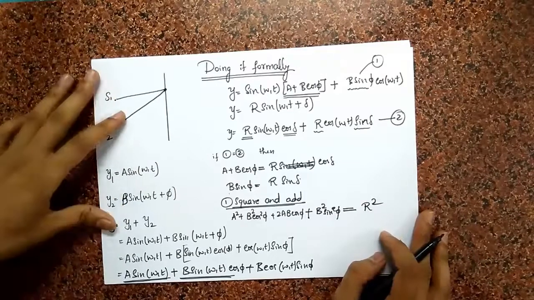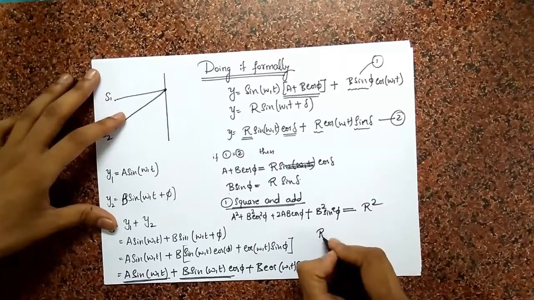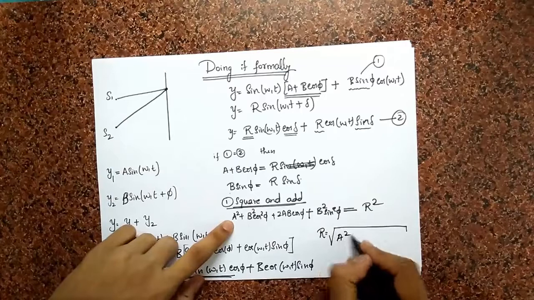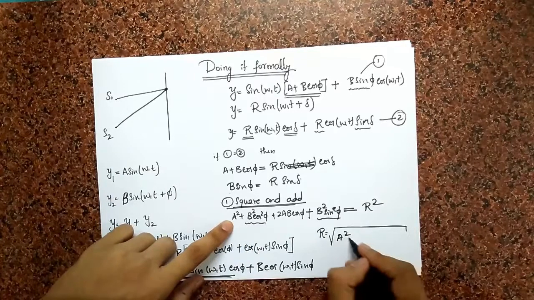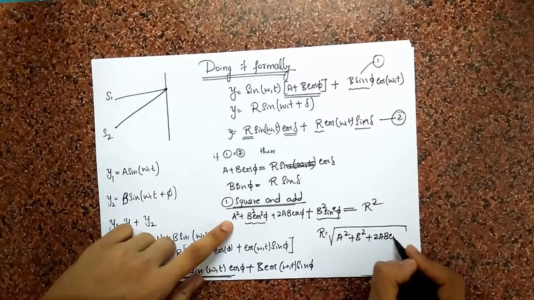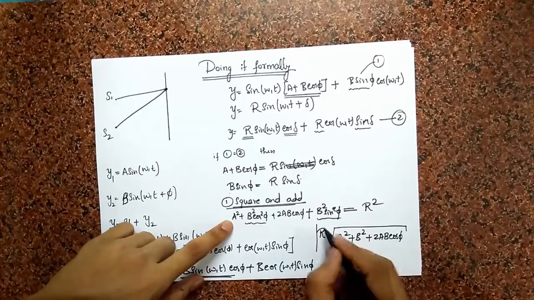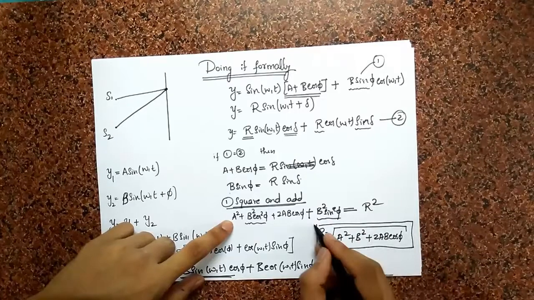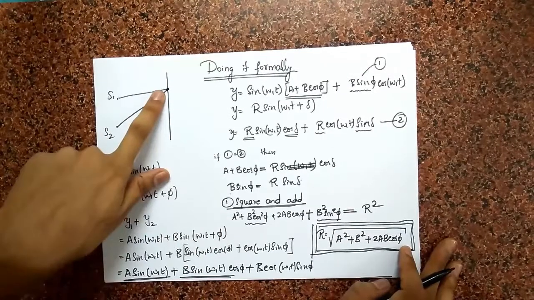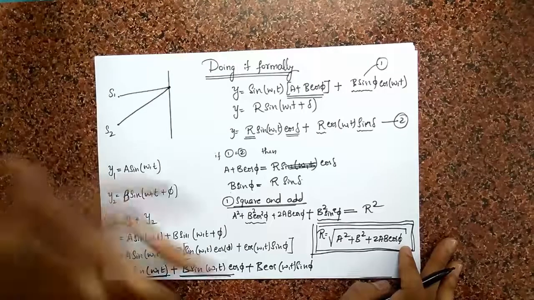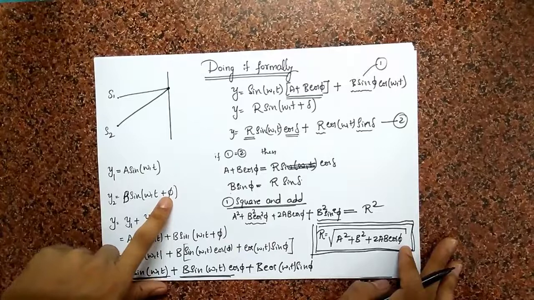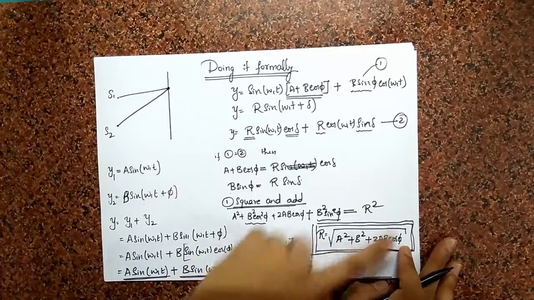And so now we know what r is. r is going to be the square root of A squared plus B squared plus 2AB cos phi, and that is the resulting amplitude that I'm going to get for the interference that happens over here. So what this tells me is that when the two waves have some random phase difference phi, the resulting amplitude is going to be this number.